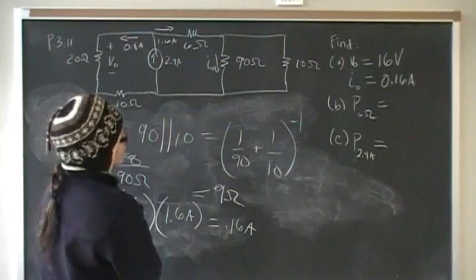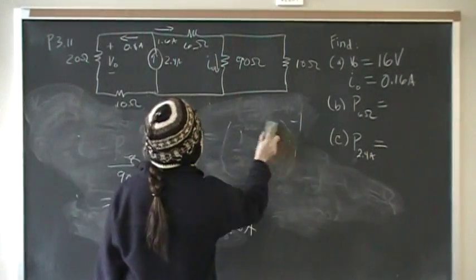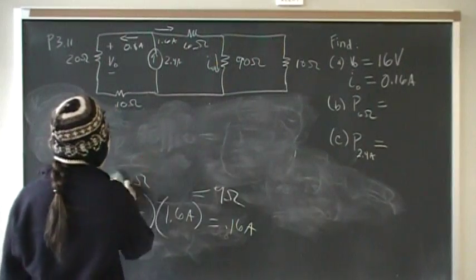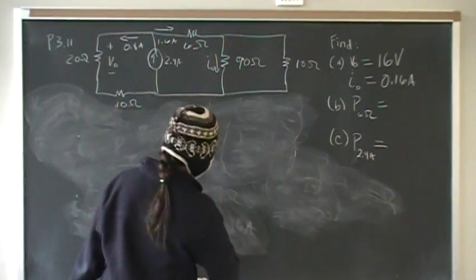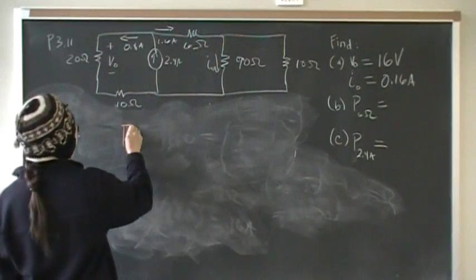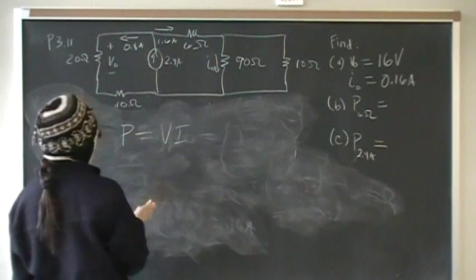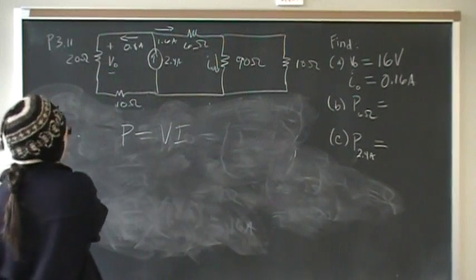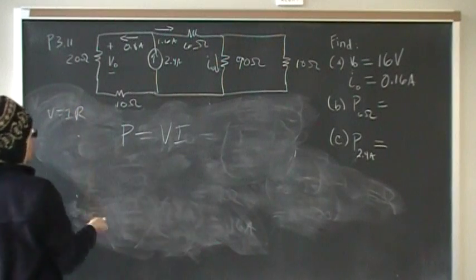And now we want to know the power dissipated in the 6 ohm resistor. Power is just I squared R. If you can't remember that, I always just remember that P is equal to VI and V is equal to IR. I only remember those two things.